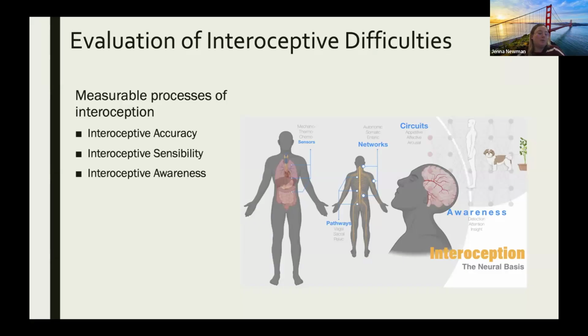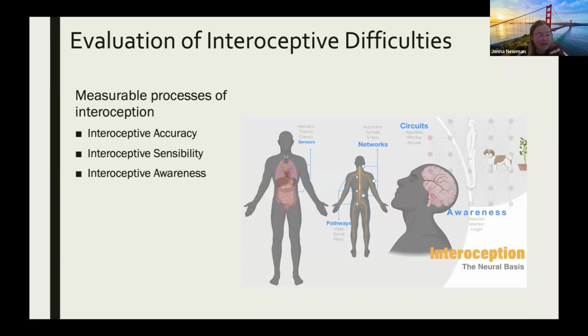I'll go over what both of those are in the next slide. But for interoceptive sensibility, it's when you're able to say, I'm very aware when my heart rate is racing. It's a personal belief, it's very subjective. Regardless of whether you're right or not, it's just measuring how accurate you believe yourself to be.